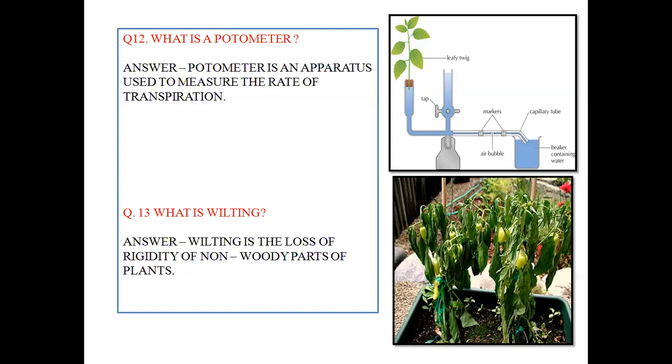When in the evening we water the potted plant, the non-woody parts of the plant regain their shape. If we do not water the plant adequately and this wilting goes on, it leads to dehydration and finally plasmolysis and death of the plant. So wilting is simply the loss of rigidity of non-woody parts of the plant.